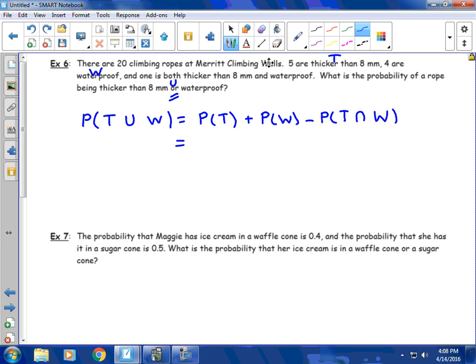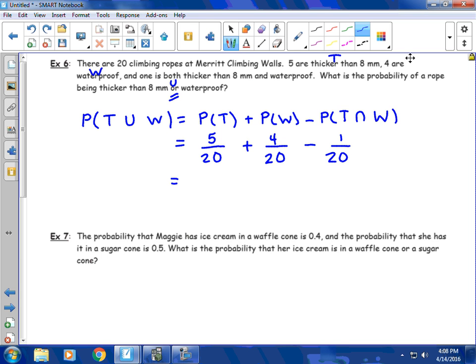There's 20 ropes, 5 are thicker than 8. So probability that they're thicker is 5 out of 20. 4 are waterproof. So 4 out of the 20 are waterproof. And 1 is both thicker and waterproof. That's your intersection. So minus 1 out of 20.